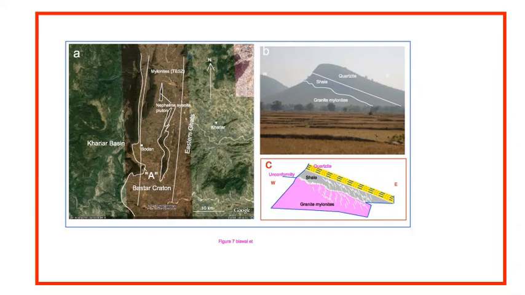So that means, if my interpretation is correct, then the top part of the platform rocks, which is represented by this quartzite, is Neoproterozoic or Cambrian, you can say. It is Cambrian age.